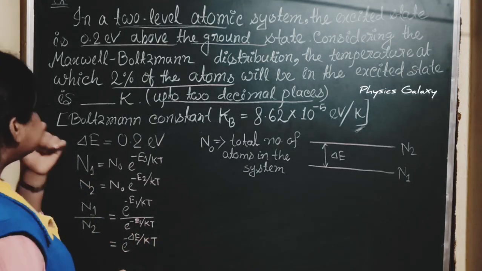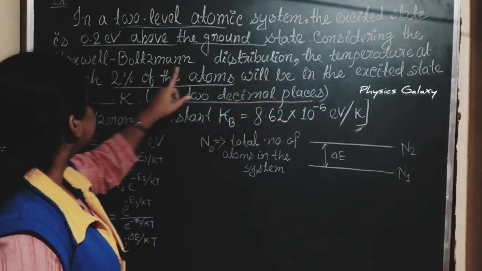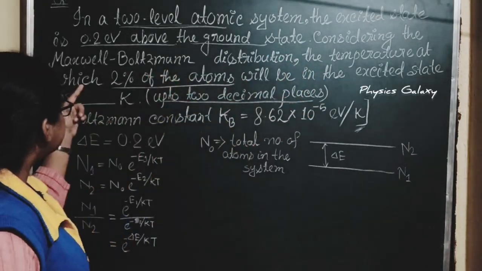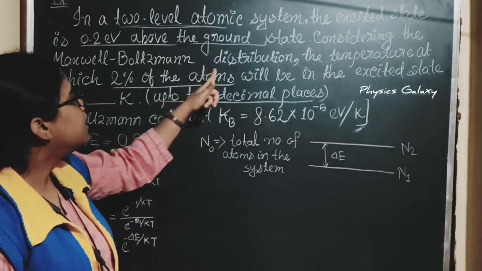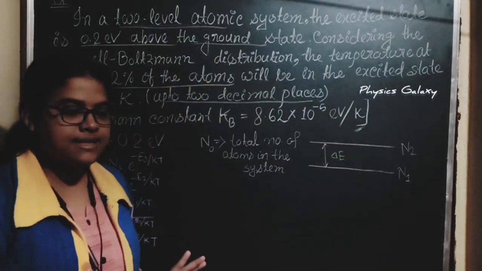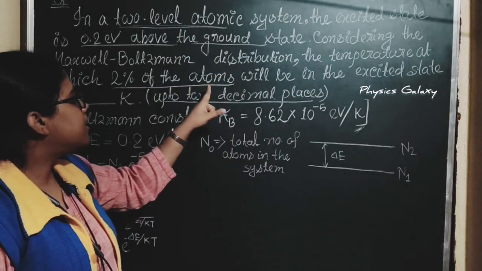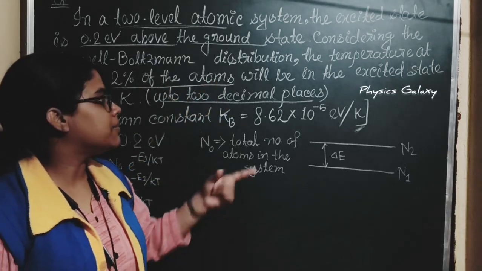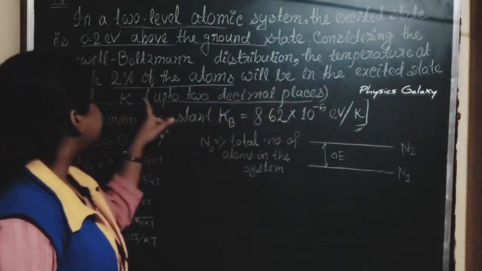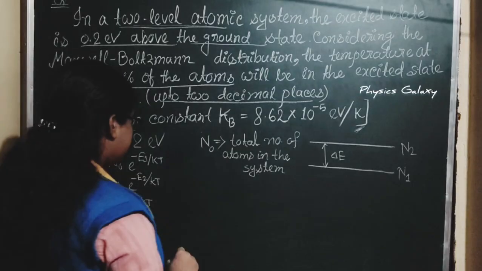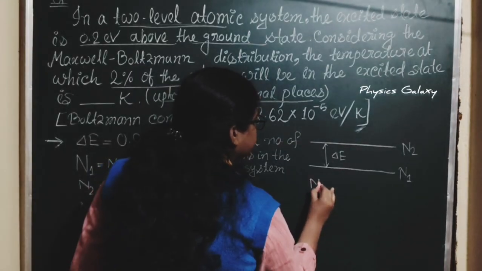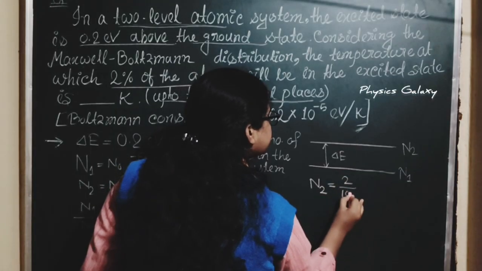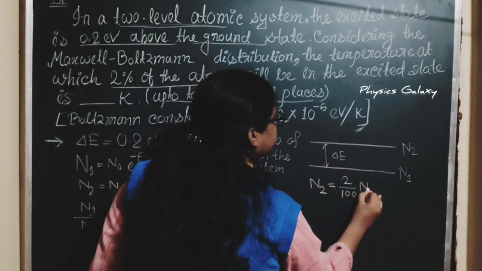Now, it is said we have to calculate the temperature at which 2% of the atoms will be in the excited state. 2% of the atoms means 2% of the total atoms of the system will be in the excited state. Okay, so N2 should be 2% of total atoms.